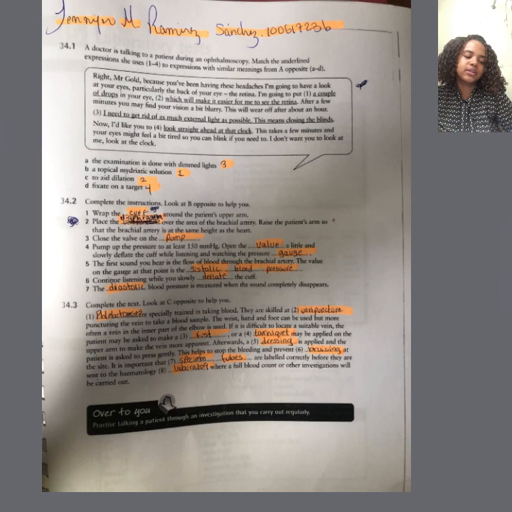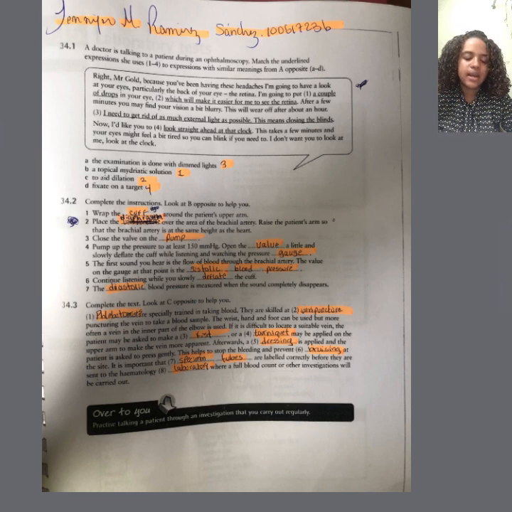Chapter 34. A doctor is talking to a patient during ophthalmoscopy. Mark the ordinary expressions she uses and find two expressions with similar meaning from A opposite.